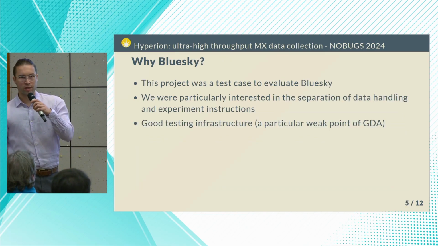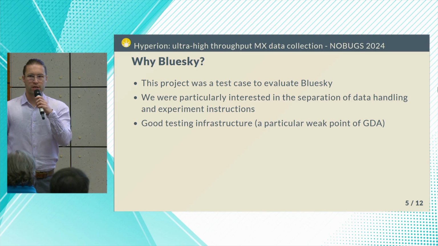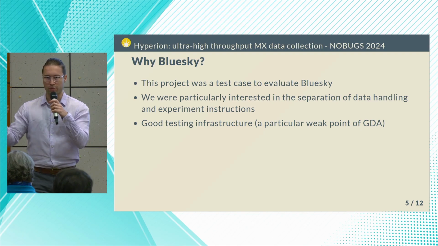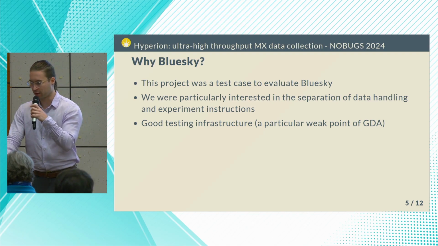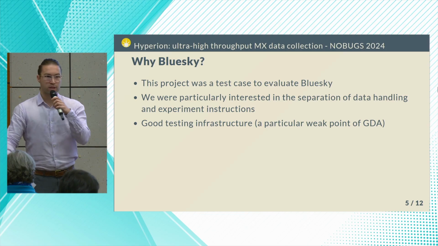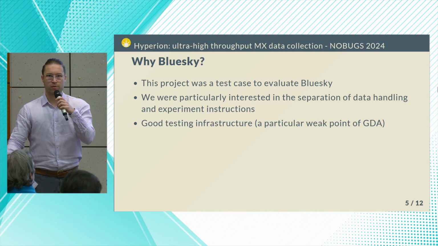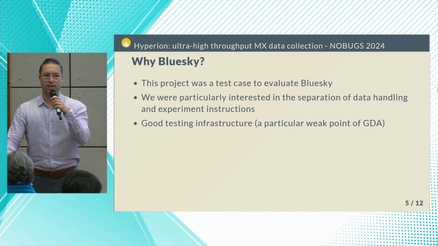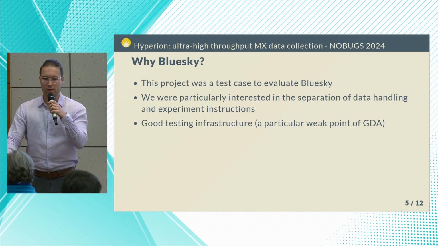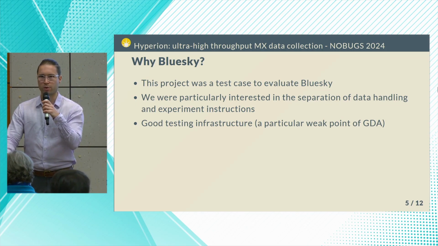So this project was basically our test case for evaluating whether we want to use Blue Sky for all of our upcoming software as we're upgrading the synchrotron. And we are particularly interested, for the sake of this project, in the way that the data management is separated from the experimental instructions.